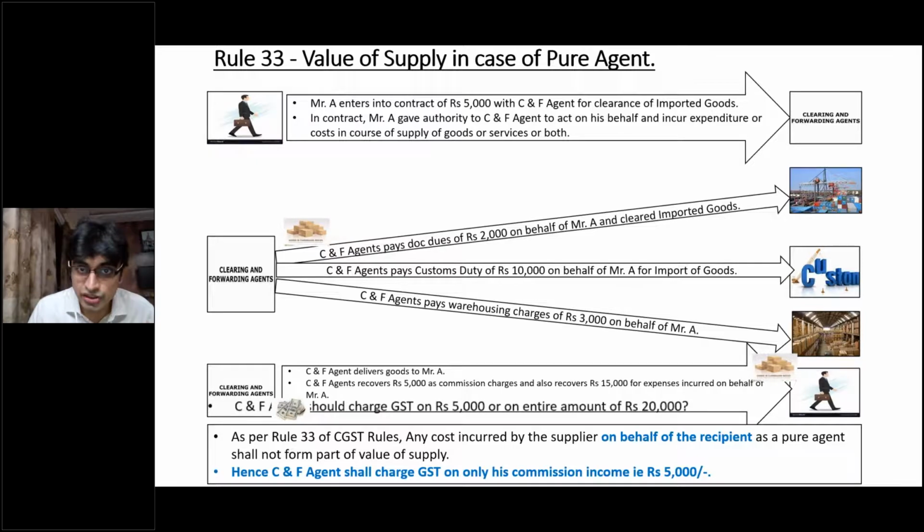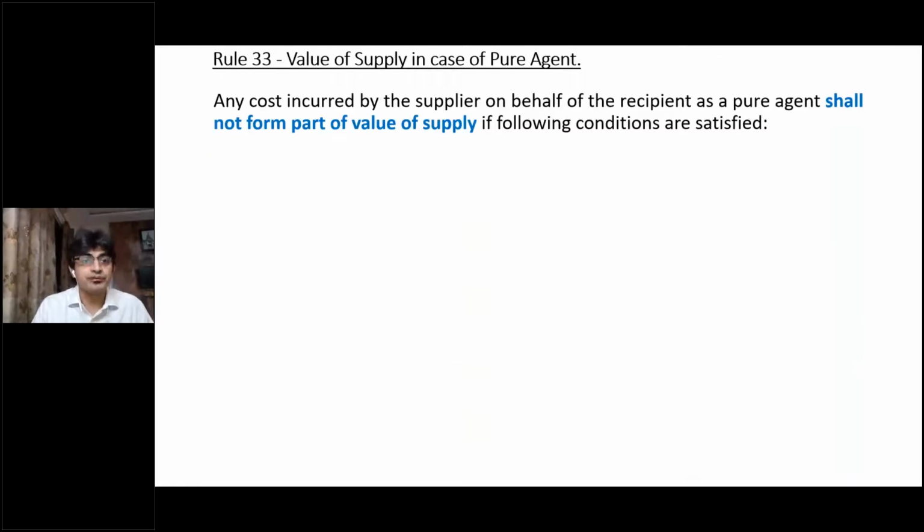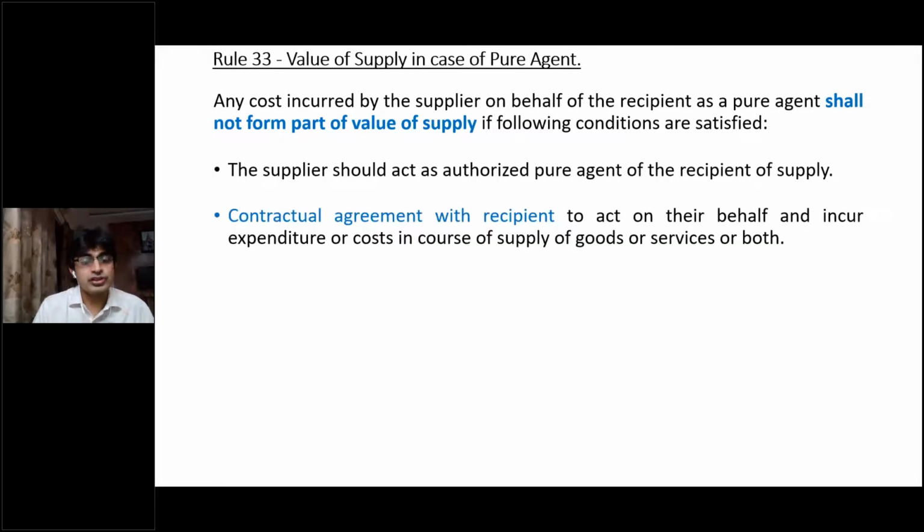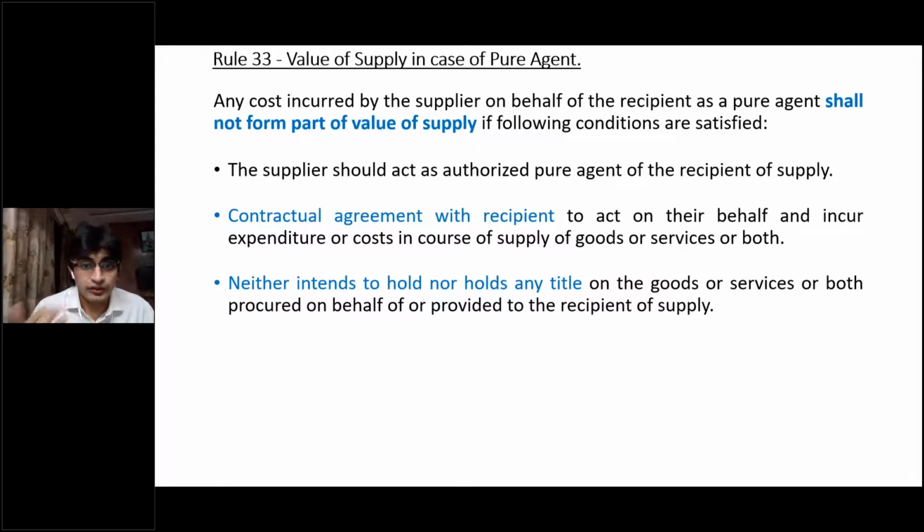Okay, but there are a few conditions. Let's see this. First condition, there has to be some contractual agreement with the recipient. That is, the supplier and CNF agent had a contract, some agreement. Then only it is valid. Second, the CNF agent neither intends to hold nor holds any title to the goods.